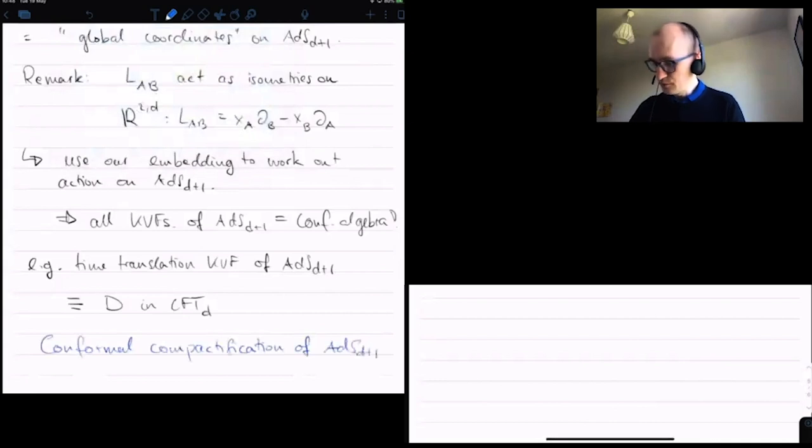And the reason why we do this is that it is necessary in this case to understand the boundary of AdS_{d+1} in a sense that will become clear.